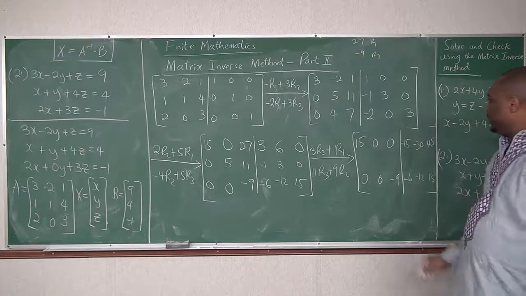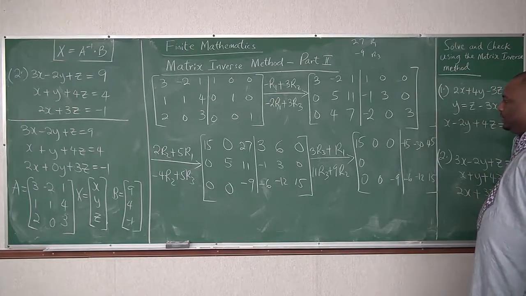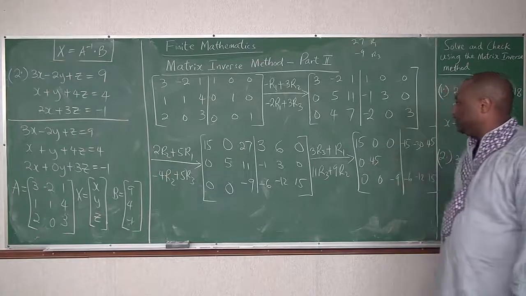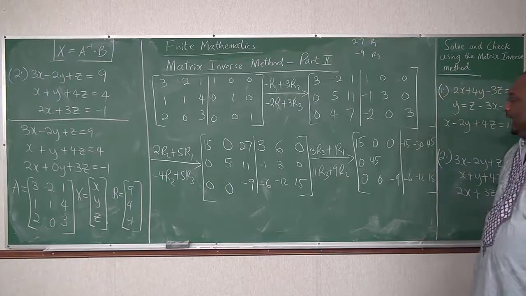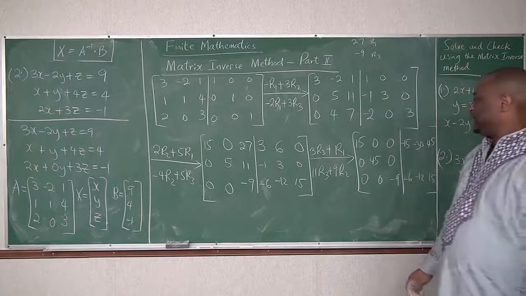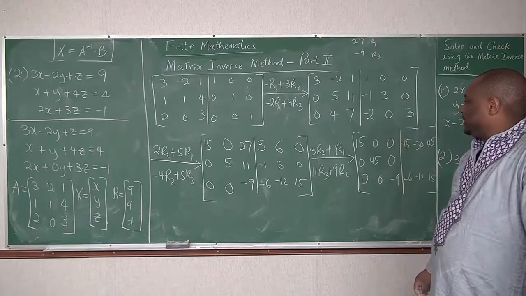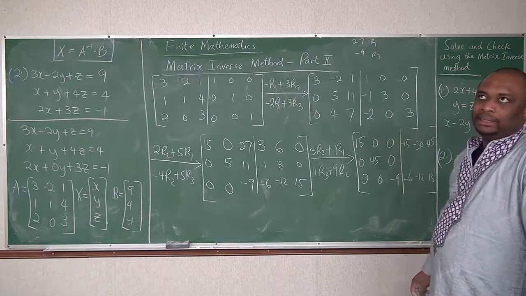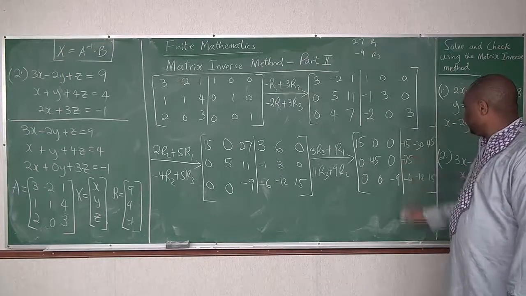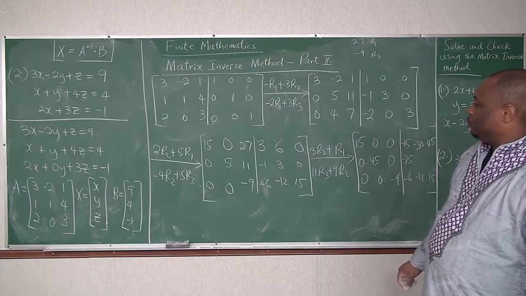Row 2, 0, 0 is 0. 11 times 0 is 0 plus 9 times 5 is 45. Negative 99 plus 99 is 0. 11 times negative 6 is negative 66. Negative 66 minus 9 is negative 75. 11 times negative 12 is negative 132.